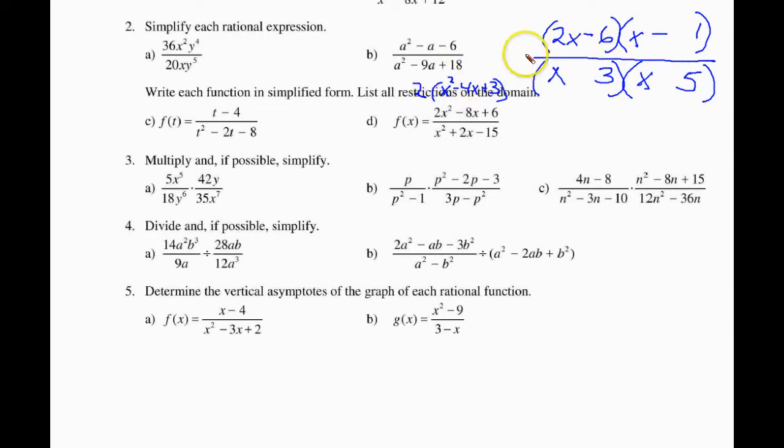It factors okay, but notice in this parenthesis, I can still take out something. So from this parenthesis, I can take out a 2. That's the saving grace, so to speak, that you can catch yourself. So this will become a 1, and that becomes a 3. All right, let's do that.